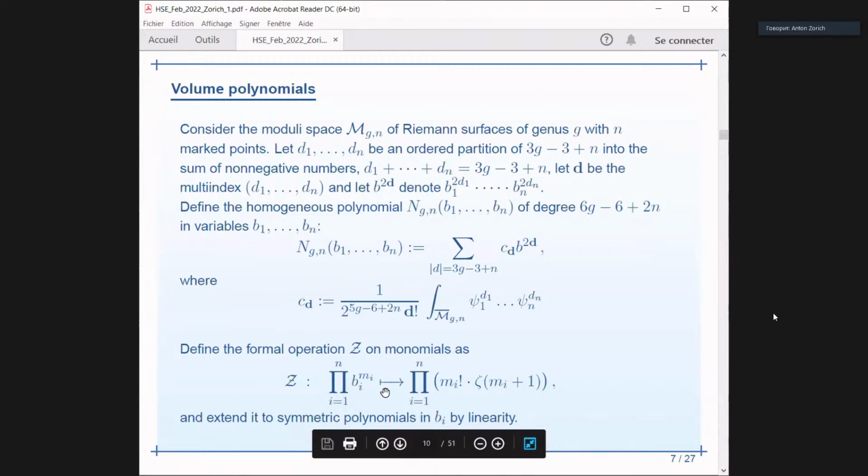So to every monomial, we associated this funny number, and then we extend this by linearity to all polynomials, to all homogeneous polynomials. So we'll need this operator in 1 or 2 minutes.